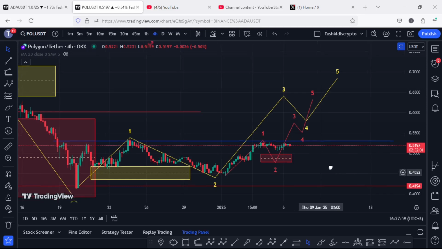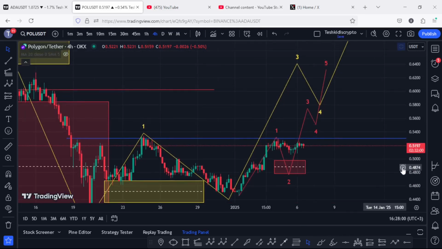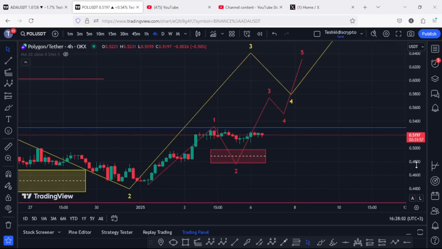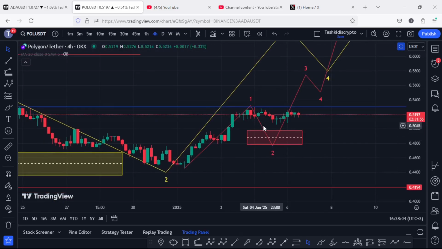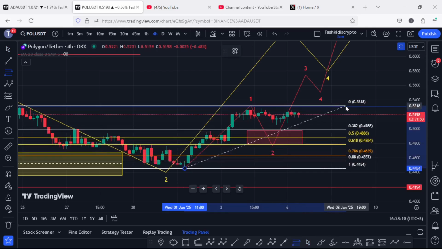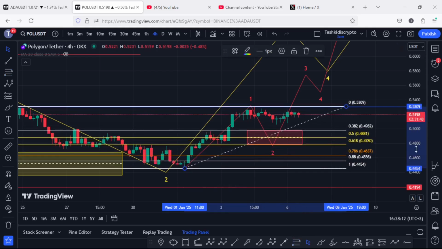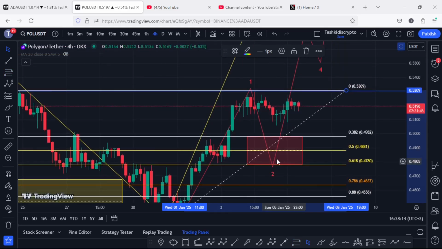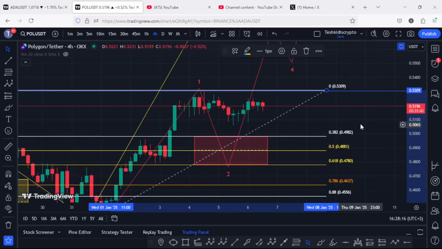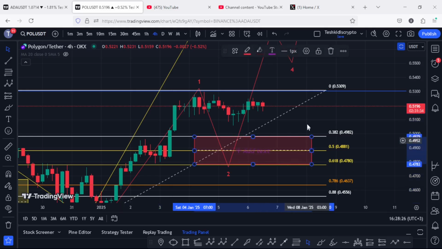And if that is the case, then using the Fibonacci's, we can be able to get the minimum pullback target areas for a second wave over here by connecting the fibs from the low of the first wave to the high above the 0.53, and that gives me a minimum pullback target area between the fib level 0.382 and the fib level 0.618, and that is between the 0.4982 and the 0.478, the area that I have marked here on the chart.